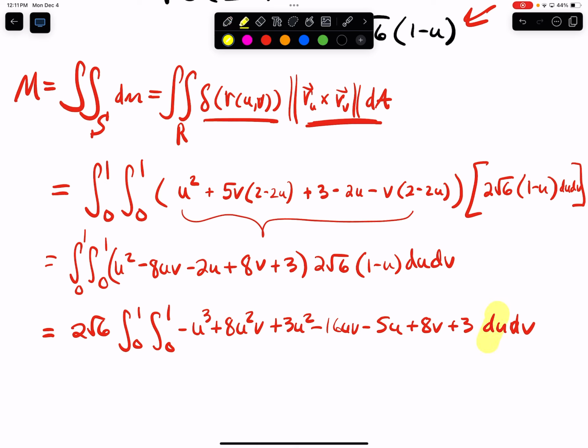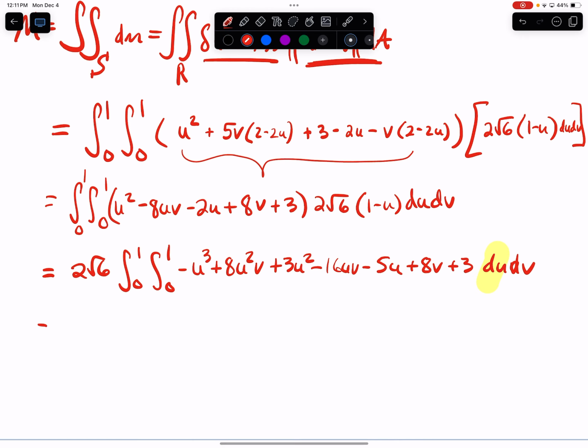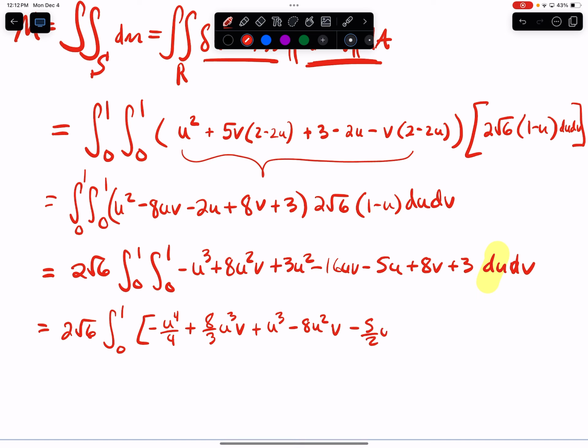Integrate with respect to u first. So that's minus u to the 4th over 4, 8 over 3 u cubed v plus u cubed minus 8u squared v minus 5 over 2 u squared plus 8vu plus 3u, from 0 to 1.